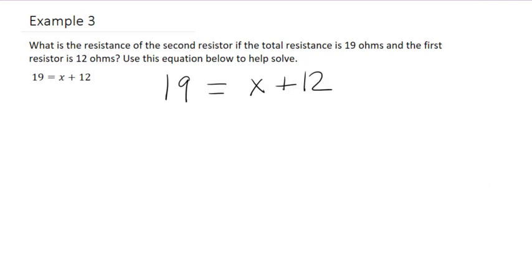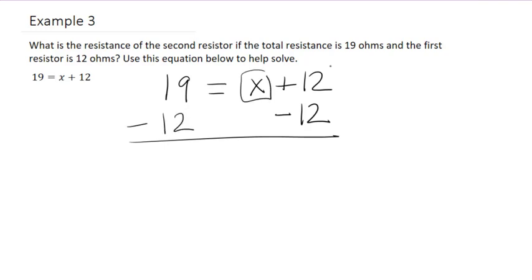So what we'll do is we will subtract 12 on both sides to get x all by itself on the left-hand side. So now we're left with just x, as the 12 minus 12 is 0. So now we have 19 minus 12, which is equal to 7. So x equals 7 ohms.